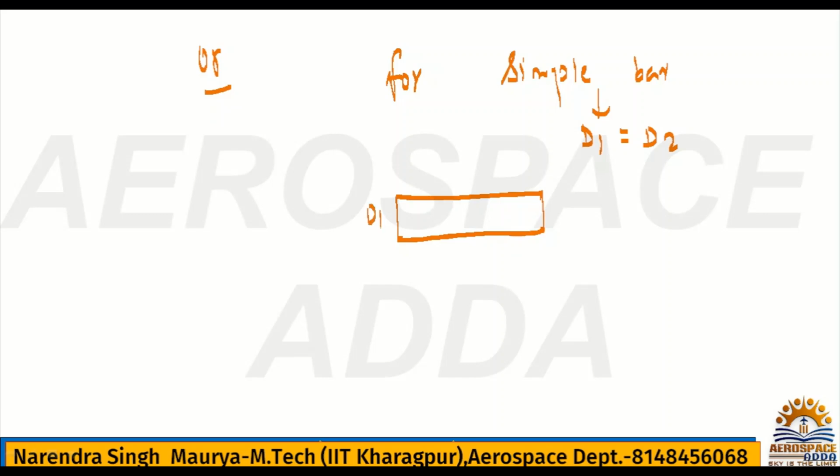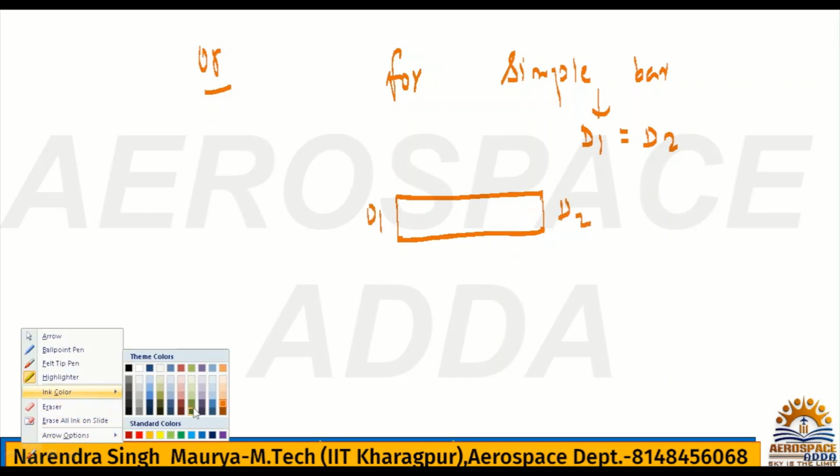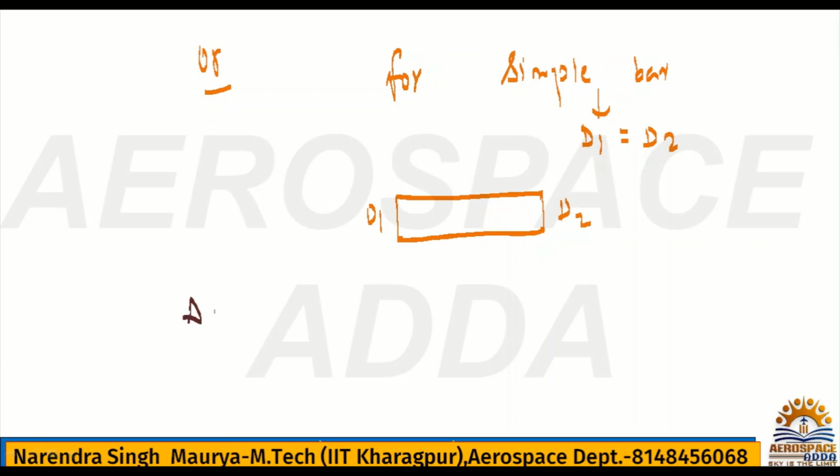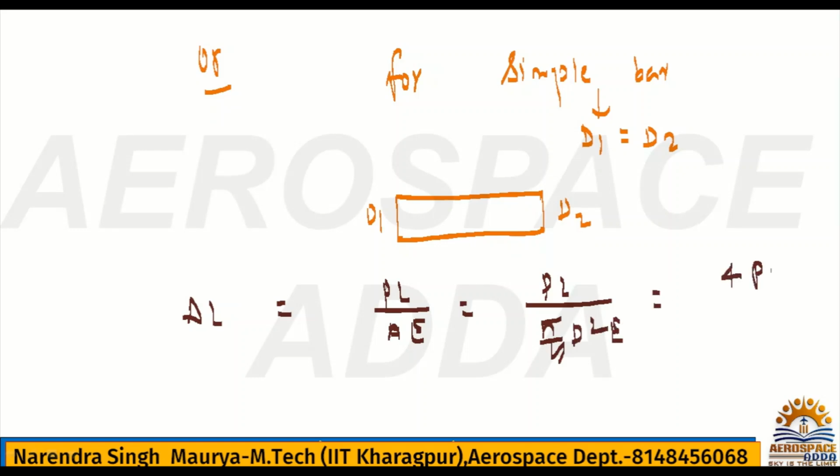Now this is d1 and d2 but both are same, then what will be the formula here? If you check, the change in length was PL divided by AE. What is the A? Pi by 4 d square, so it is 4PL divided by pi E d square.